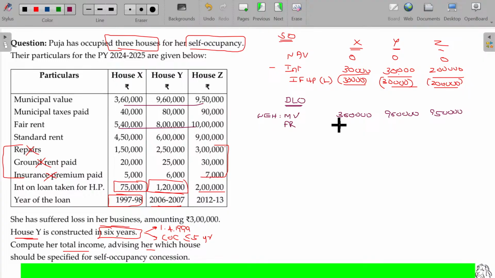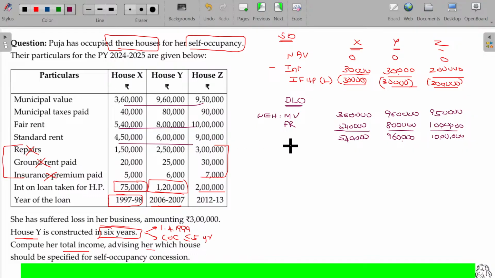Fair rent being 5 lakhs 40, 8 lakhs and 10 lakhs. Between these two, whichever is higher will be taken. So 5 lakhs 40, 9 lakhs 60, 10 lakhs.